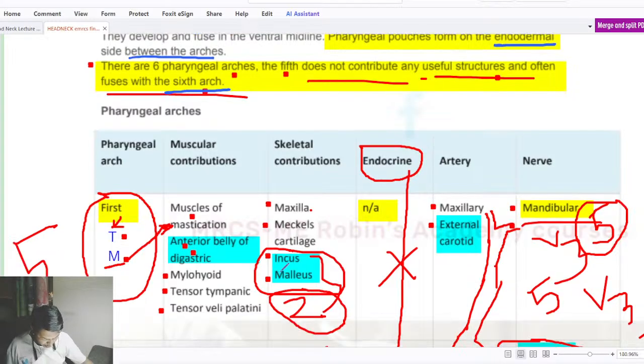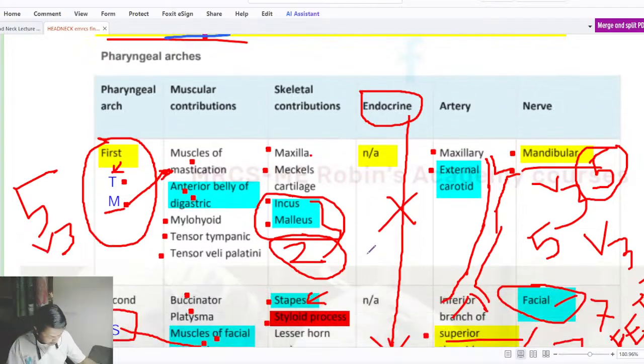So number one, how do we remember? Whatever technique you can, develop your own technique. I follow this technique: first, T, M, T, M. T is for tensor tympani, tensor palatini.